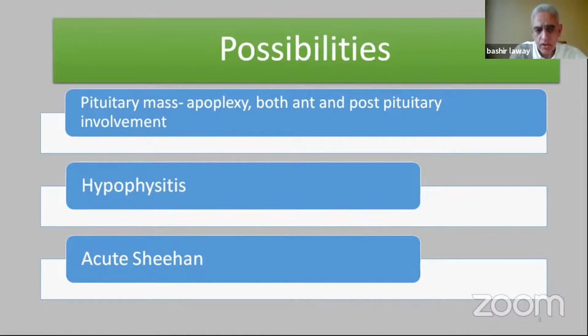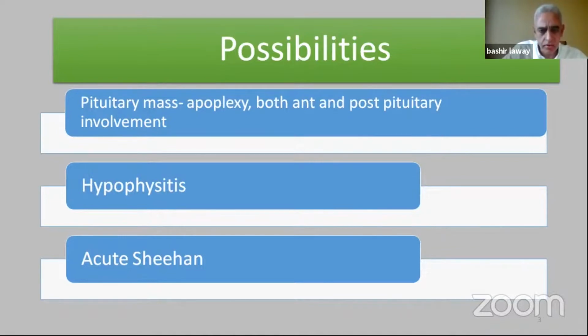The next possibility which can explain everything is hypophysitis. The third possibility is Sheehan. Although Sheehan is quite common in our country, it is the chronic Sheehan which we are used to seeing, but sometimes the presentation could be like acute Sheehan. I will discuss slightly in between how it comes in the differential diagnosis.